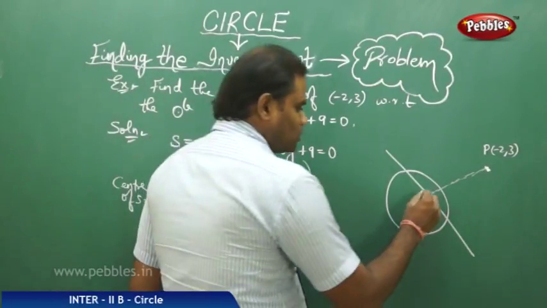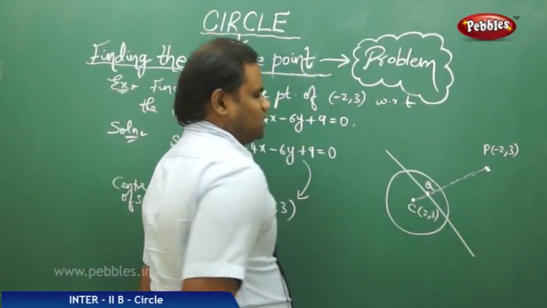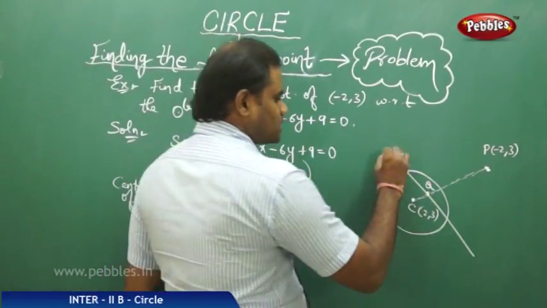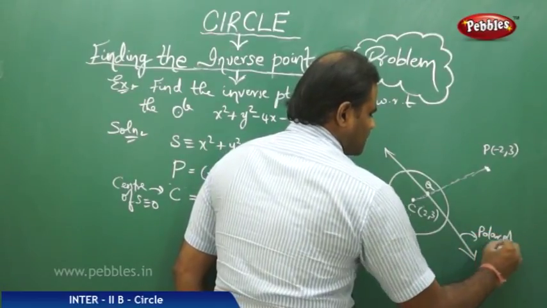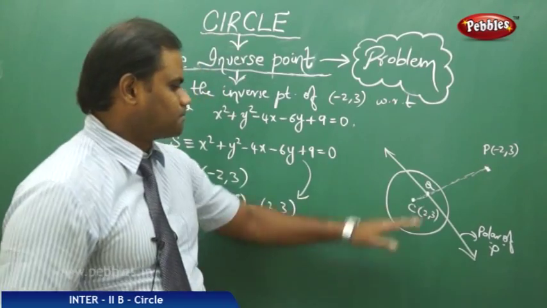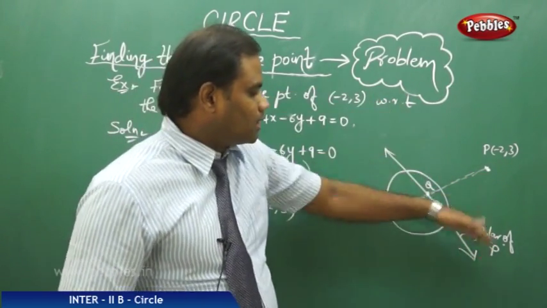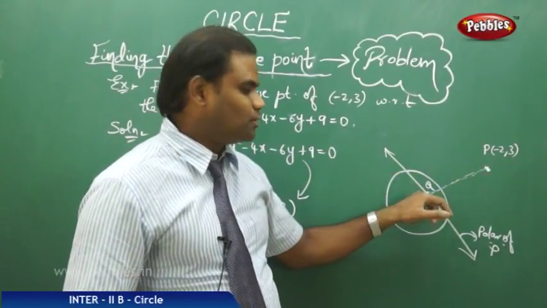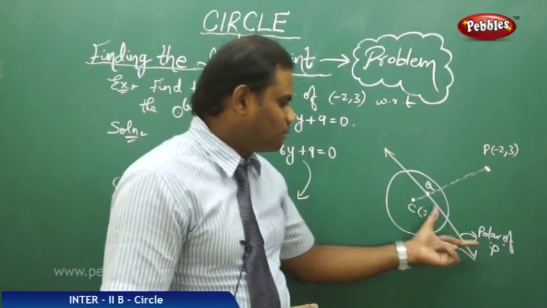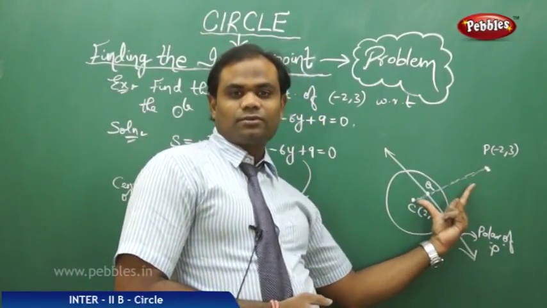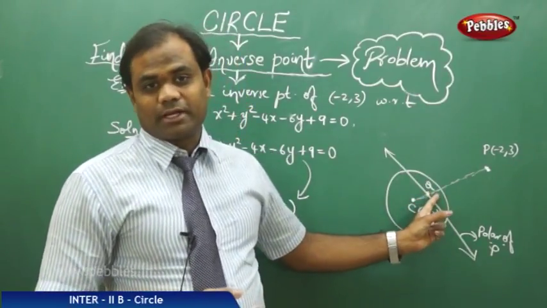So we know that Q is the foot of perpendicular from C, which is exactly out here. So Q is the point of intersection of the polar of P and CP. If CP is the line, and this is the polar, then the polar and the line CP intersect at Q, which gives us the inverse point. So it is essential that we find the polar of P and the equation of CP and solve them through the elimination method to get the point of intersection Q.